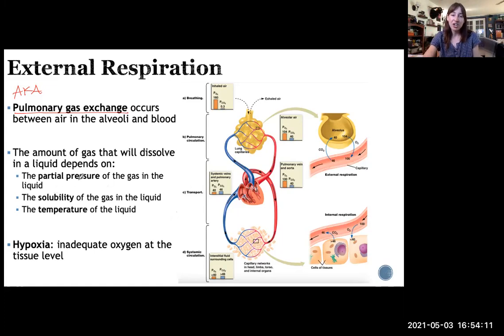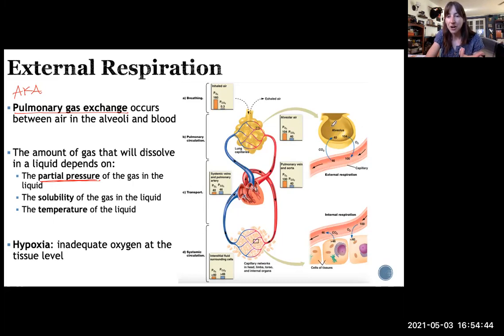The partial pressure of that carbon dioxide in that can of soda, once you open it, is greater than the pressure of it outside of the can. So it's going to flow down its pressure gradient out of the liquid and into the atmosphere. So the partial pressure of the gas in this scenario, where you have the gas inside of the alveoli trying to get into the liquid inside of the capillaries, works the same way.